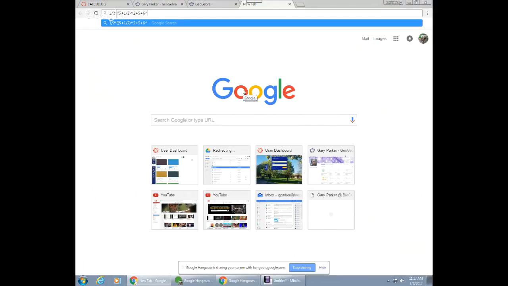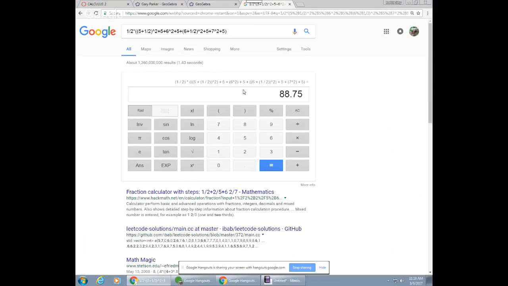It's the next one. 6 squared plus 5 plus 6 1/2 squared plus 5 plus 7 squared plus 5. Oops, 5, close parentheses, and my rough estimate of the area with right-hand endpoints is 88.75.